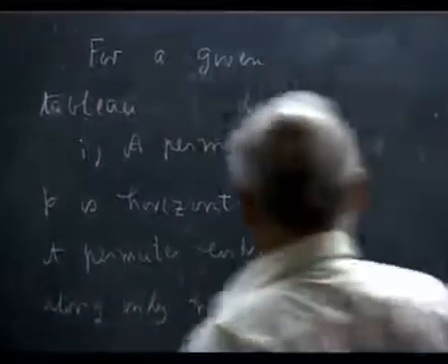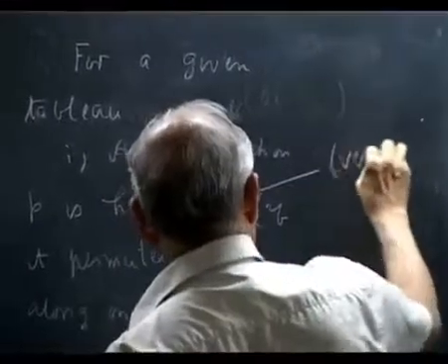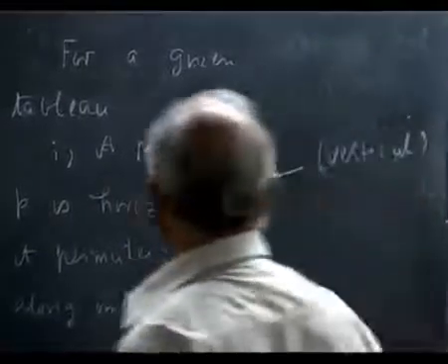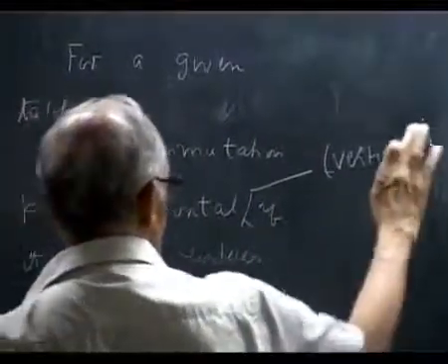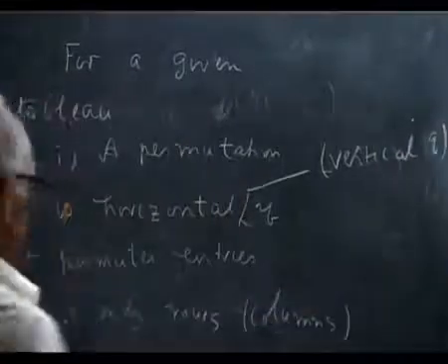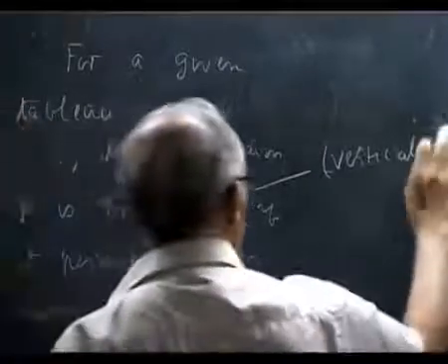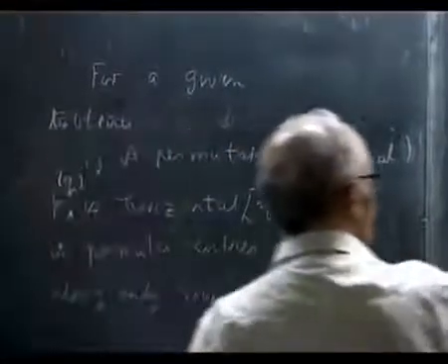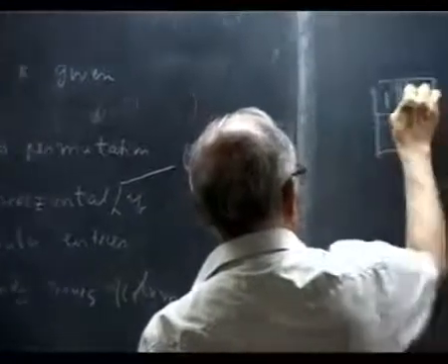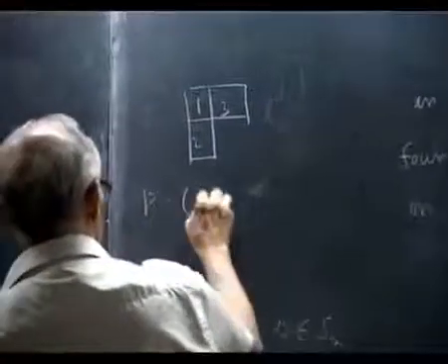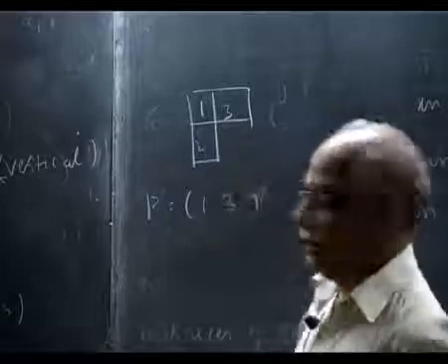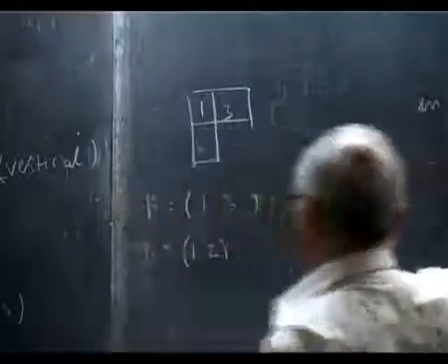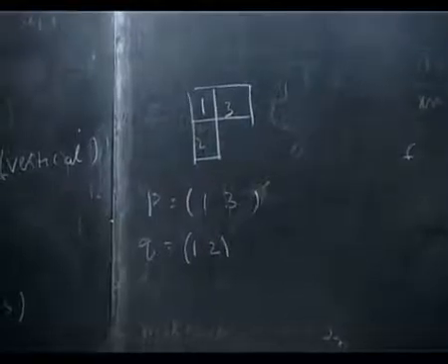I can also write vertical, for columns. So a horizontal permutation is P, and vertical means Q. For example, in this tableau 1 3 2, clearly a P is 1 3, and if you want, 2 nothing. A Q is equal to 1 2.